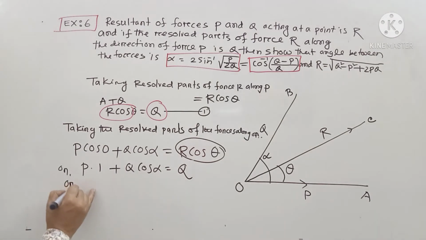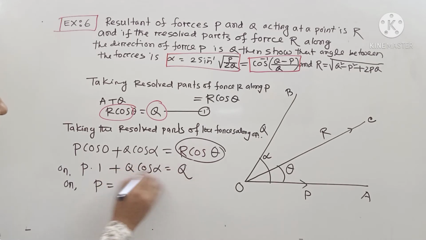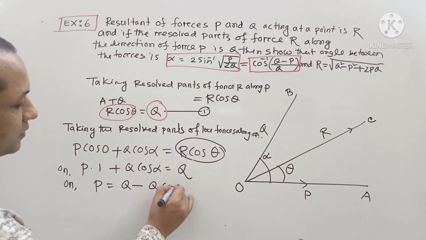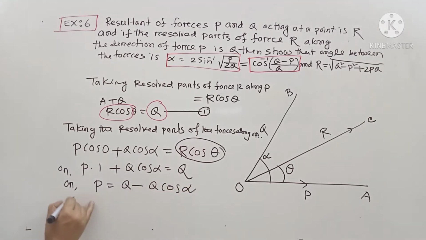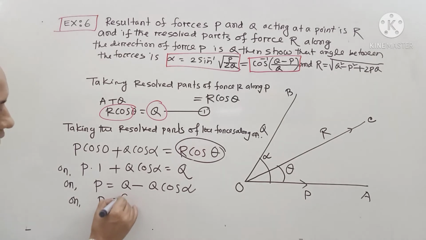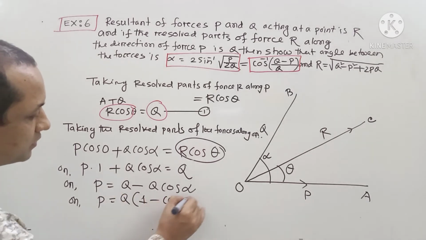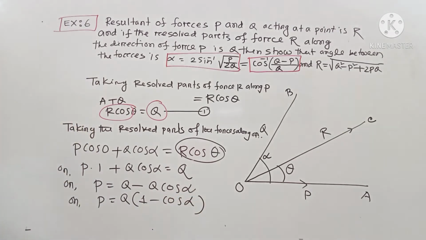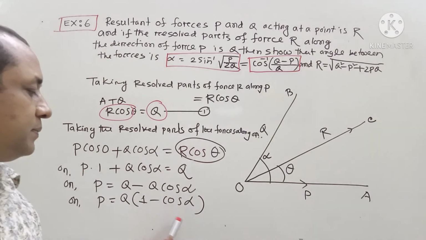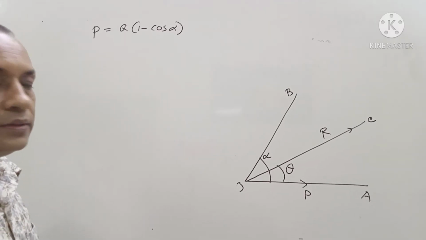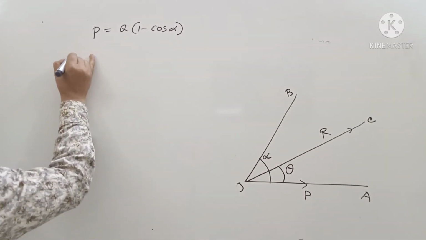Now students, here P equals Q minus Q cos alpha, taking Q common from the right hand side, P equals Q into 1 minus cos alpha.